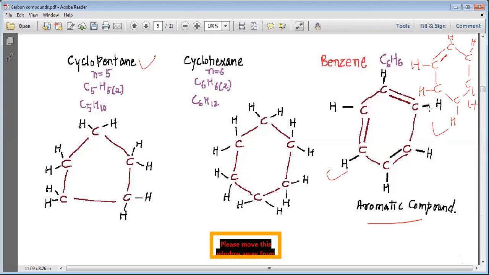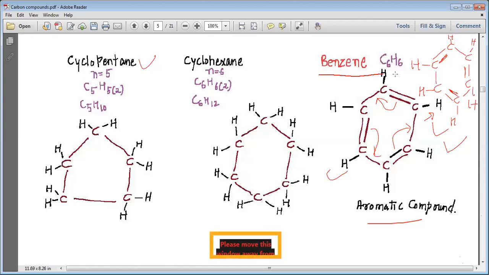You just need to move the double bond from here to here. If you move the double bond into this position, you will get this structure of benzene, and this is also a correct structure of benzene.